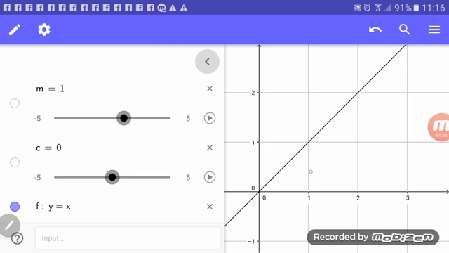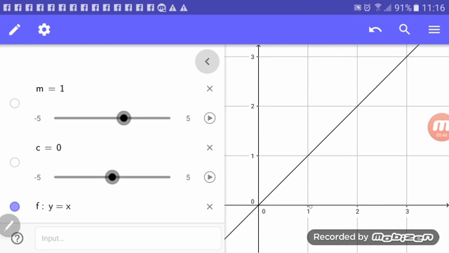And then our run is going across, so that is 1 minus 0, and that is also 1. So 1 divided by 1 is 1. Anything divided by itself is going to be 1. We've got our gradient. m is our gradient. Remember, m is our sign for gradient. So if you look here on our right at the top, we've got m equals 1.